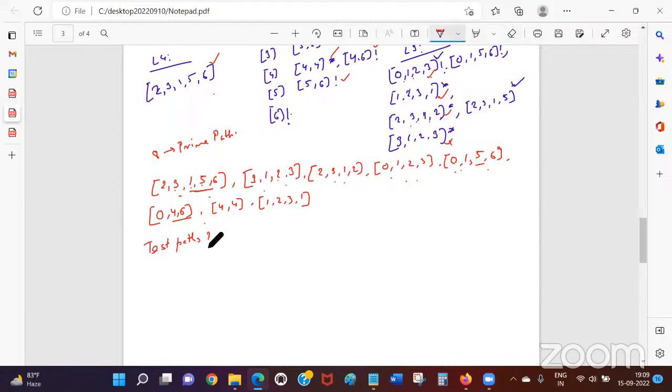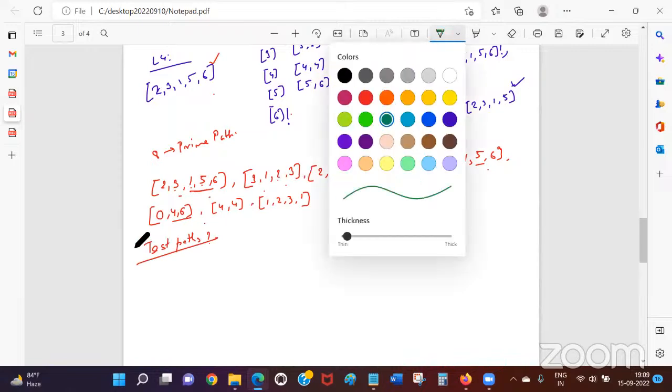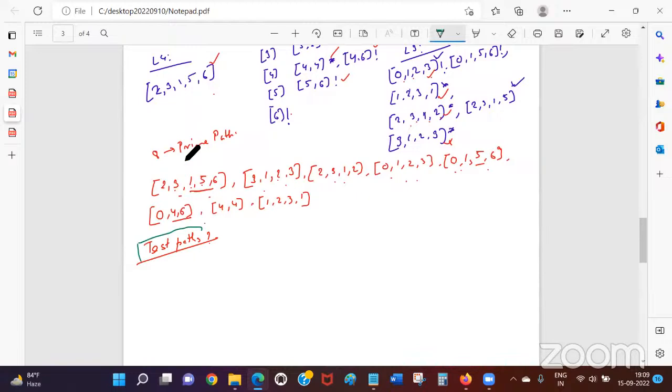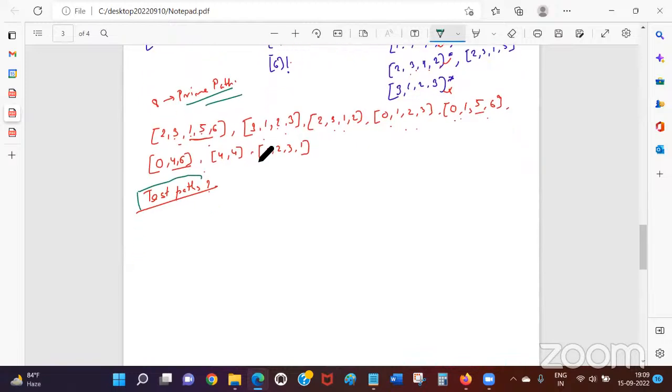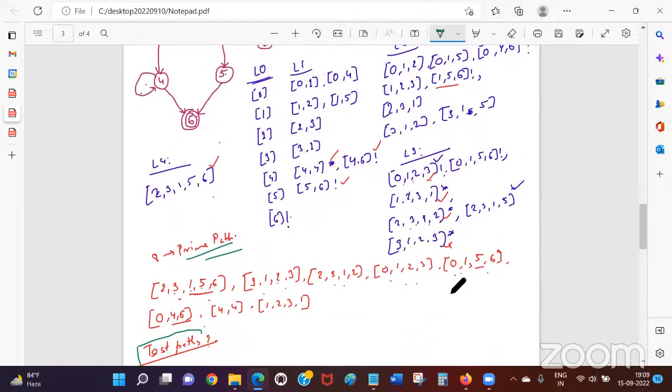Just before I go into it, I'll repeat once again what I have done to find out my prime paths. After putting all the lengths, here I have an end because I don't have any path to extend anymore. But I start with the maximum path because prime paths should be the maximum simple paths. I take this. Then I take all other simple paths which are maximum. So I take this. It is not covered by this path, so I add this. This is also not covered. This is also not covered.